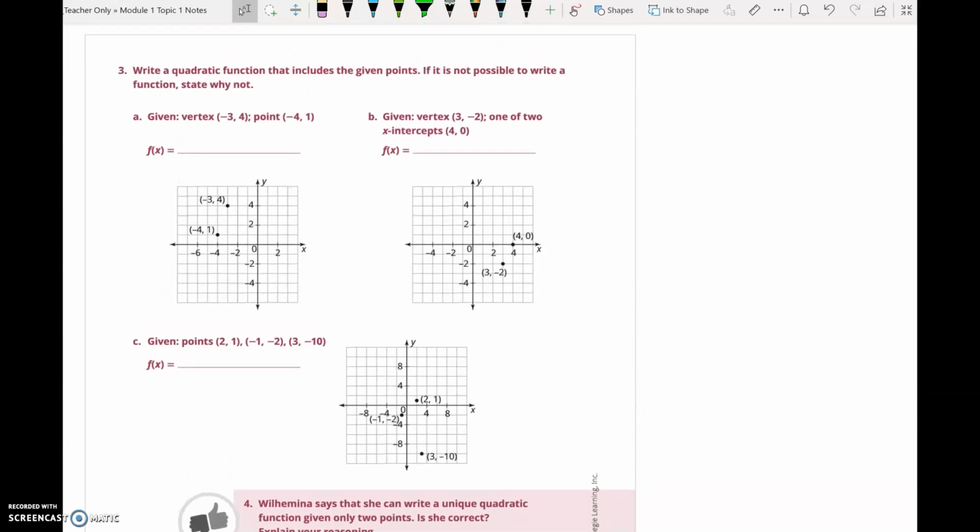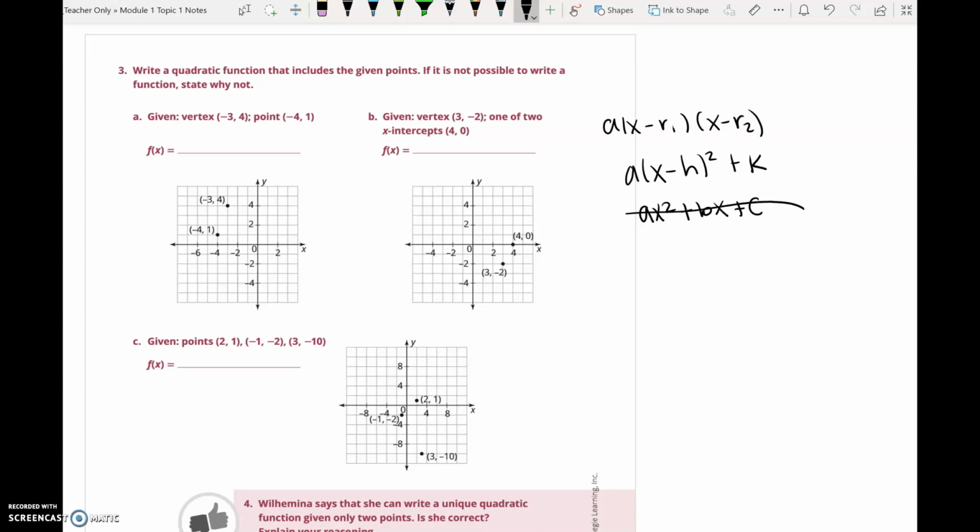With these, we're going to use either factored form, vertex form, or standard form. And I will tell you we're not going to do any standard form. We're going to focus on these two here.